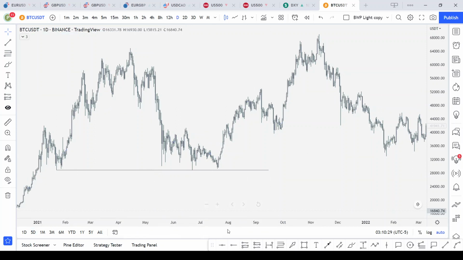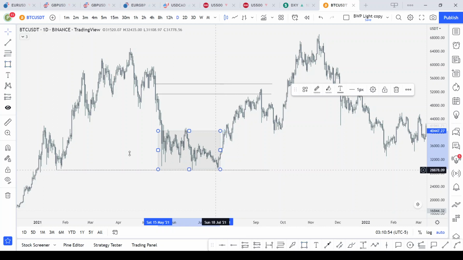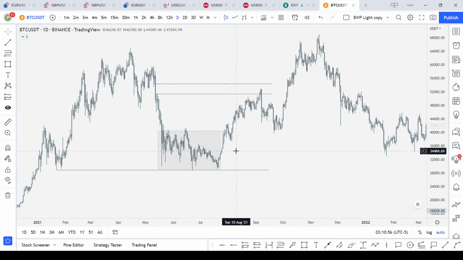So in this case, you can see that this is a fair value gap. So you have that initial consolidation. Let me just annotate this one so that you'll be able to relate.